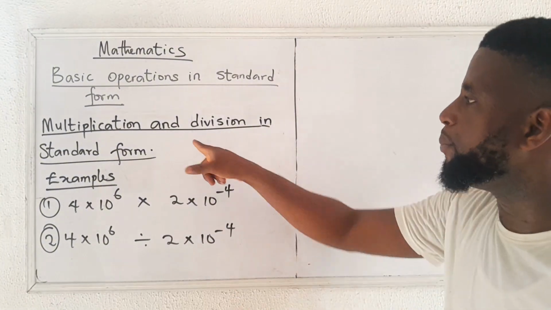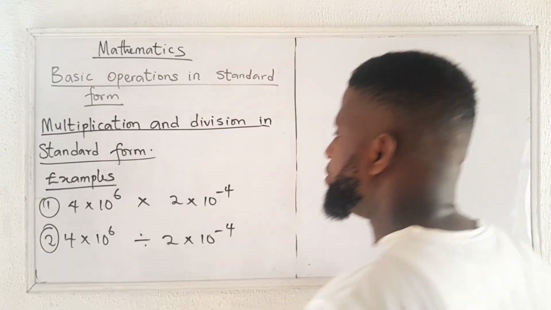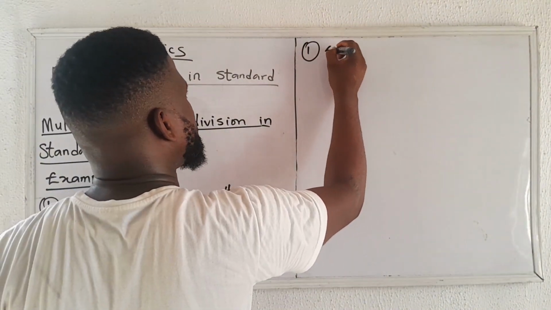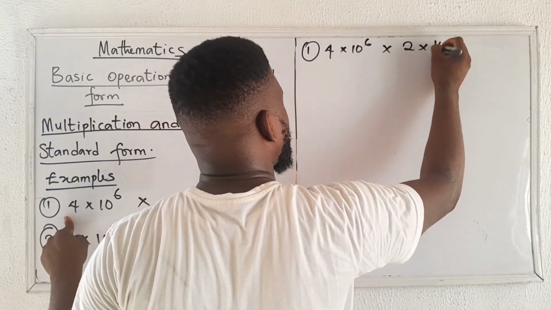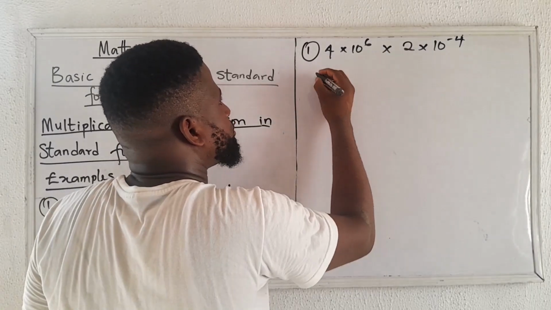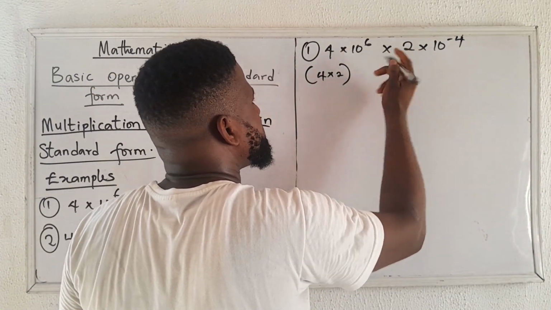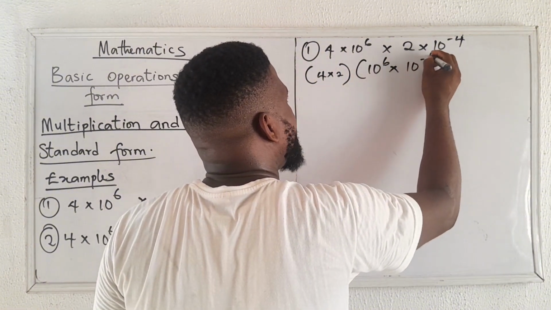Now, to multiply or divide in standard form, what you need to do is, you see the two A's, multiply them, right? We have 4 times 10 raised to power 6 times 2 times 10 raised to power minus 4. Just put them in brackets. The two A's, bring them together. 4 times 2, right? Multiply the two A's, and then, of course, multiply the indices. 10 raised to power minus 4.